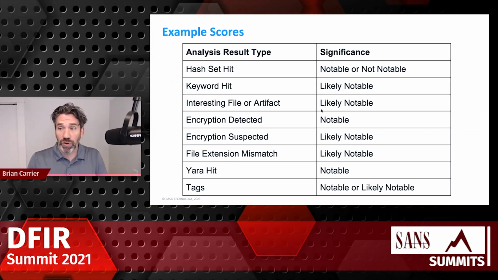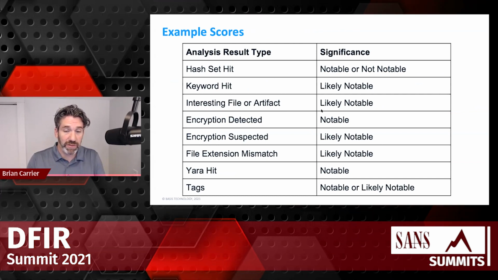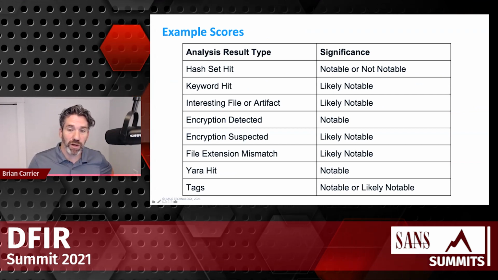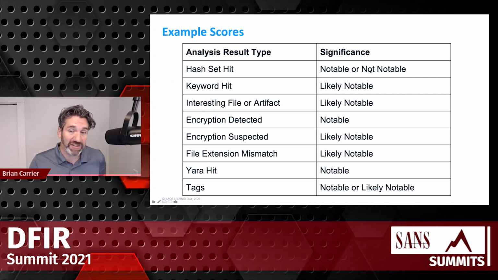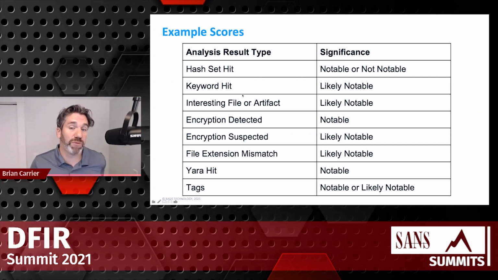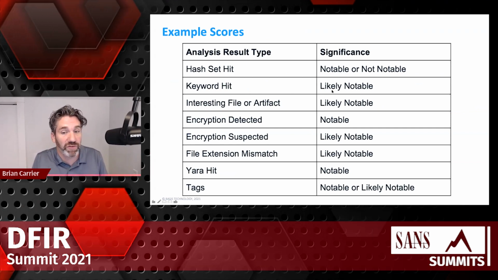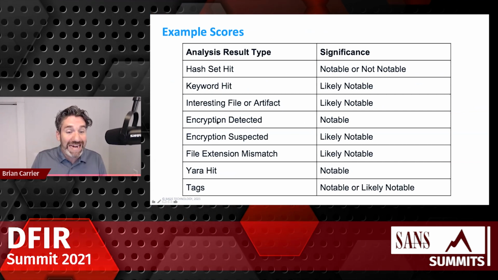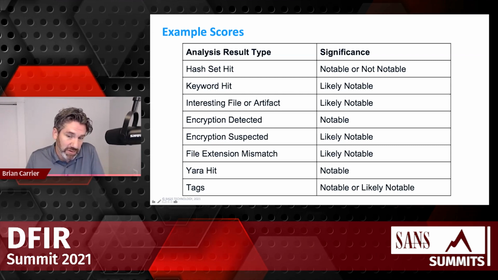So here are some example scores that come out of Autopsy. A hash set hit is going to be either notable or not notable, either bad or good, depending on what kind of hash set it is. Keyword hits come up as likely notable, meaning suspicious, because keyword hits have some level of false positives. Interesting files are also suspicious. Encryption detected is notable, but suspected is likely notable.